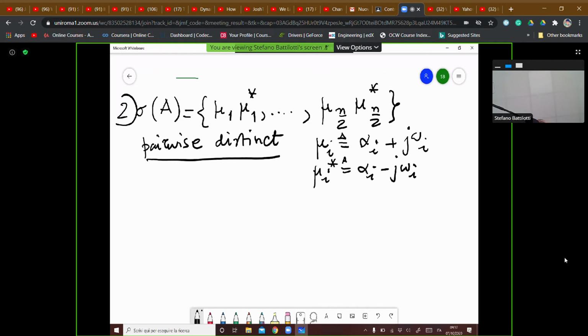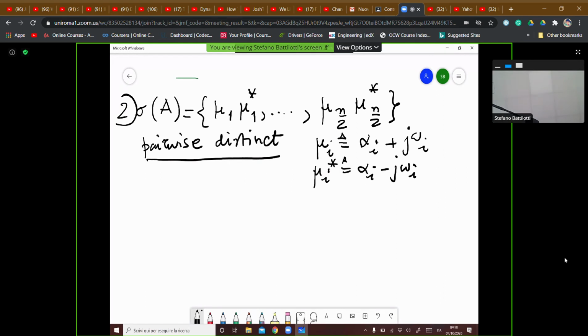So let's just do what we did in the case of aperiodic modes. These are the distinct pairs of eigenvalues. Let's find eigenvectors. So we imagine a very similar situation to the case of aperiodic modes.